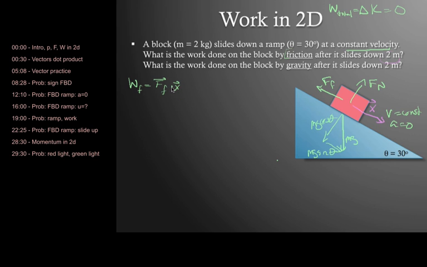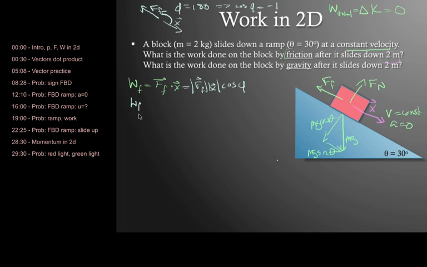So this dot product tells me that if I know the magnitude of the frictional force and I know the magnitude of the displacement, I can talk about the cosine of the angle between them. So I'm just going to go ahead and draw my frictional force here and then my displacement here. So the angle between these two, I'm going to call that angle phi, and that's 180. So here, cosine phi is going to give me a -1.